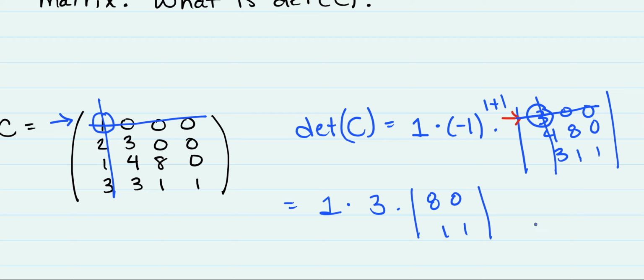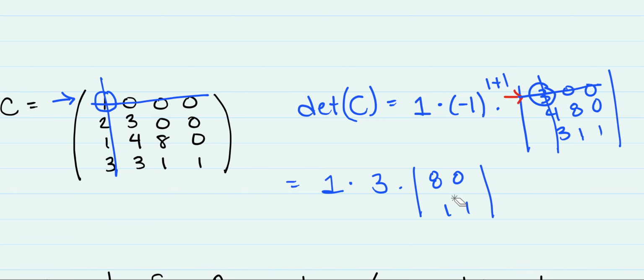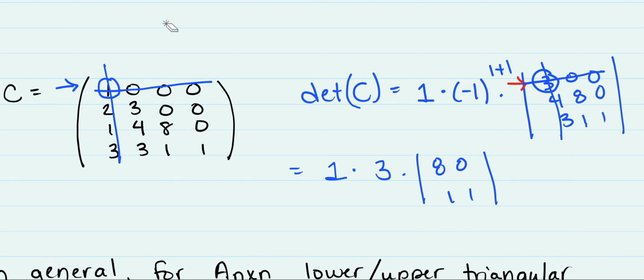Okay, and then you're also going to multiply by negative 1 to the, well, this was the 1,1 entry here, 1 plus 1, but that's going to be 2. So you don't even have to worry about this negative. And then the determinant of this is just 8. So you get 1 times 3 times 8 times 1.